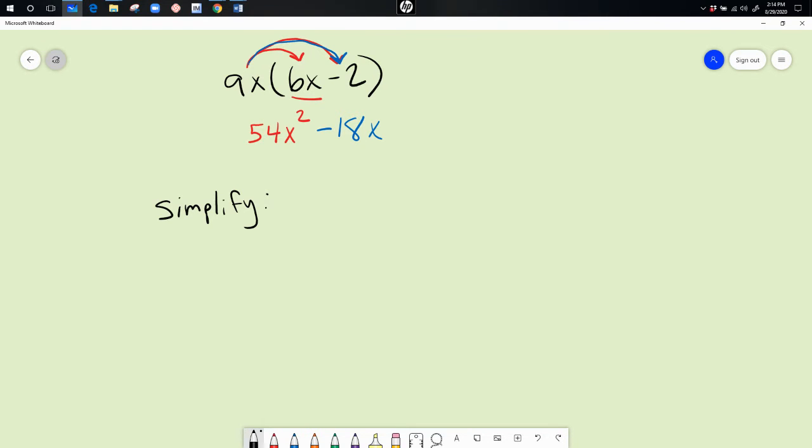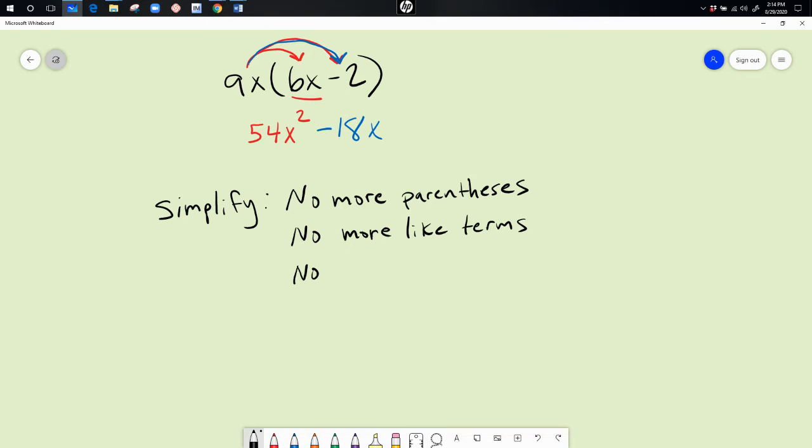Generally, it means no more parentheses, no more like terms, and no operations left to do.